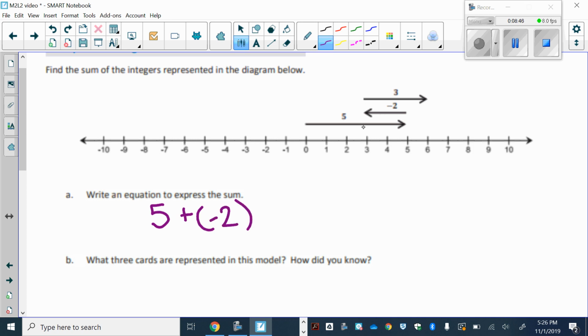And from there, I don't care where that arrow stopped. I'm picking up a third arrow at that location and I'm adding on 3. Where did my last arrow stop? At 6. Equations need equal signs. So 5 plus -2 plus 3 equals 6.